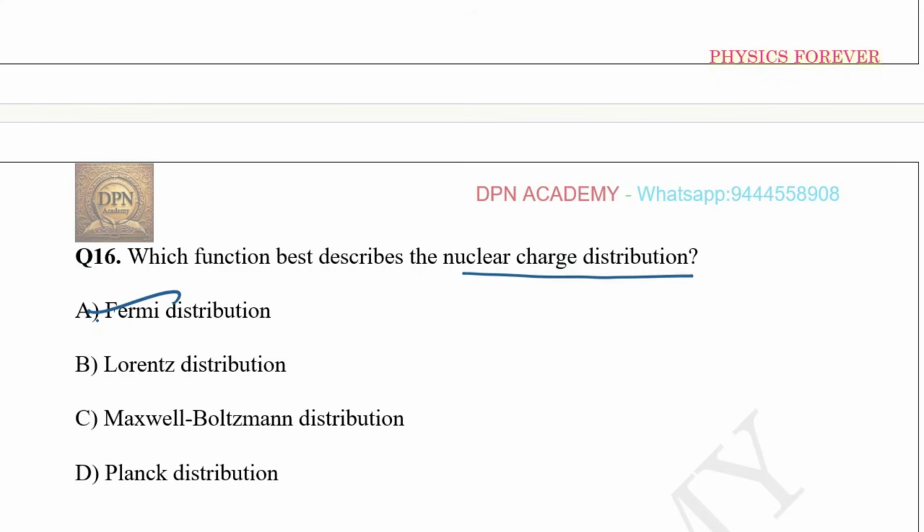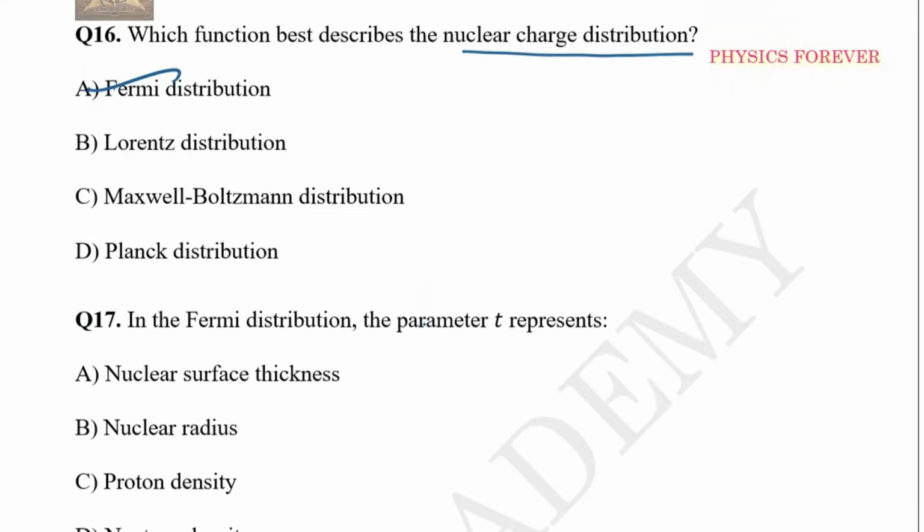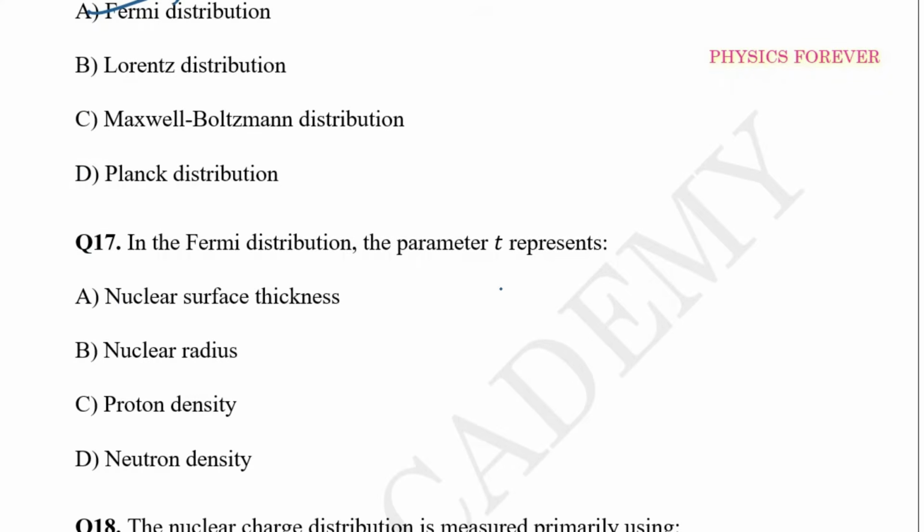The Fermi distribution is a two-parameter distribution that fits experimental data well. Then question number 17: in the Fermi distribution, the parameter t represents the surface thickness.